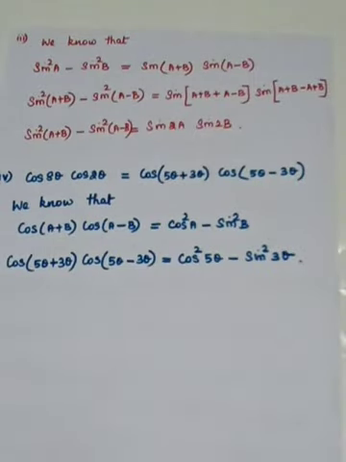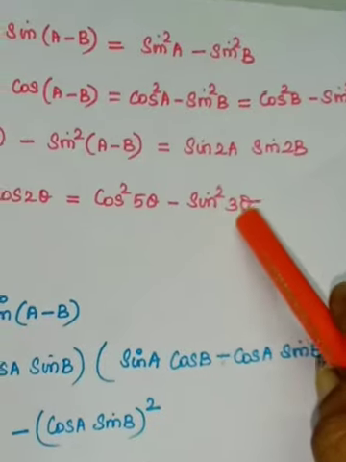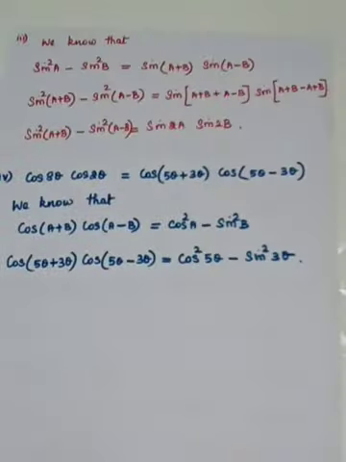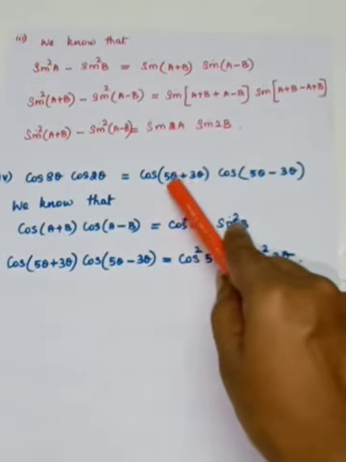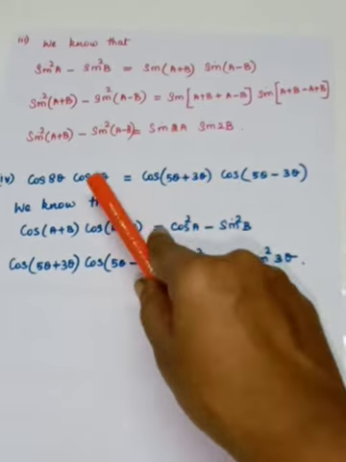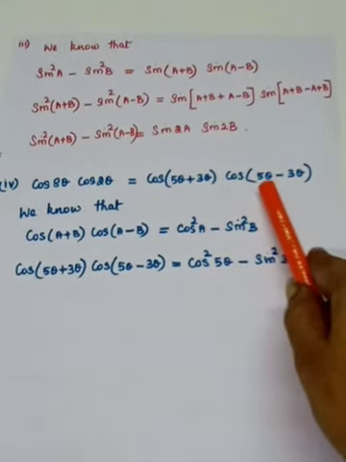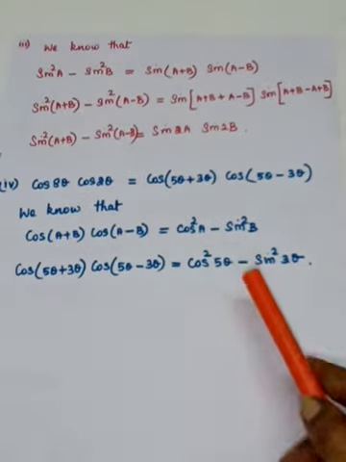Okay. So see the result. In the result, you are having 5 theta, 3 theta. So we have to use that angle 5 theta and 3 theta. You see now, cos 8 theta can be written as 5 theta plus 3 theta. And cos 2 theta can be written as, using the same angles, 5 theta minus 3 theta, that is equal to 2 theta. Here what we did?